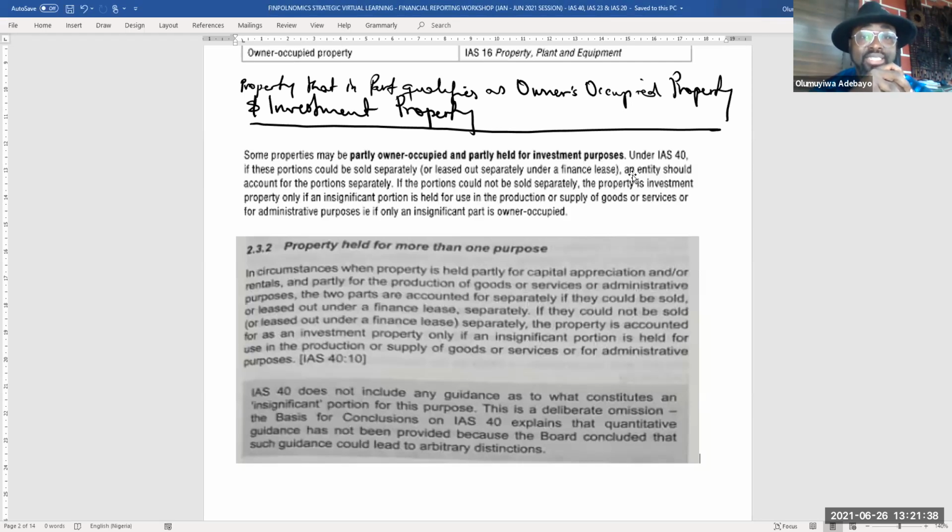Can we consider that such property is an investment property? Now let's look at the position of the standard with an example, and I'll provide additional guidance.